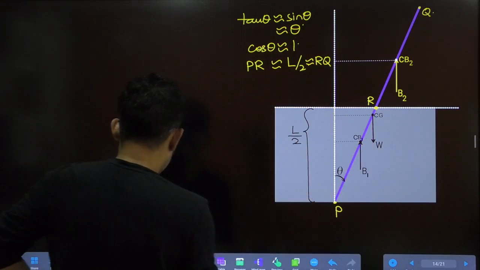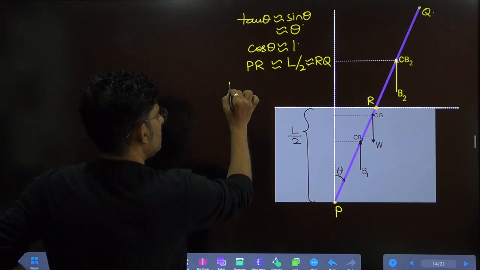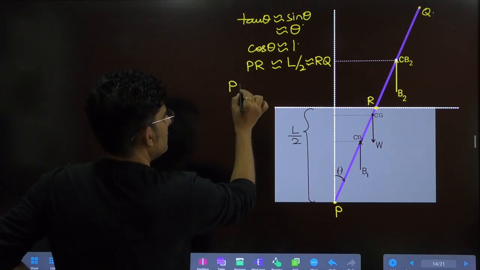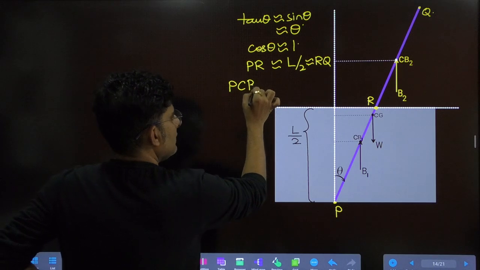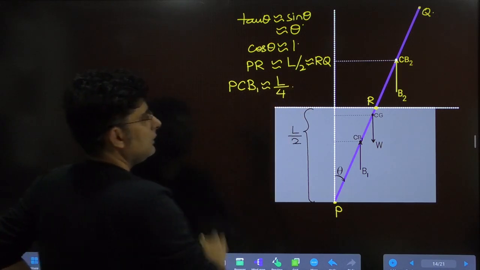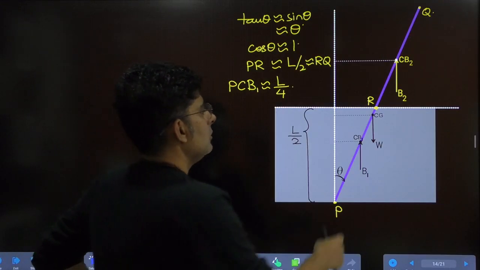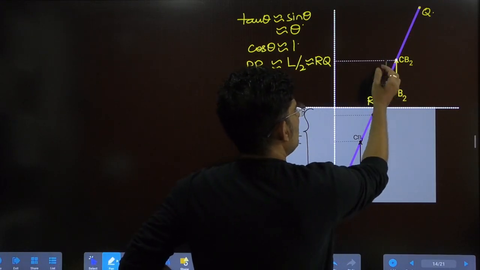So half, so we can take this also, PCB1 approximately equals L by 4. And the same applies to RCB2.